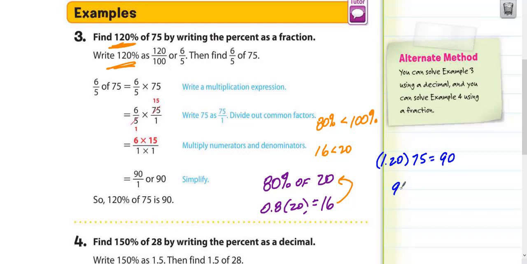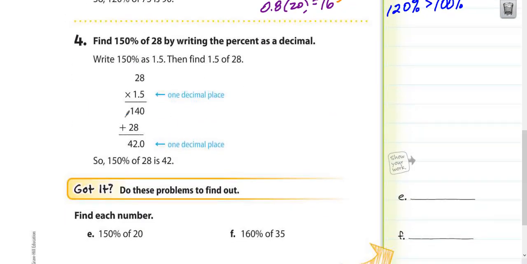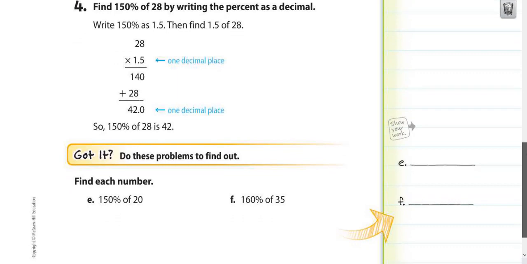And that final answer, 90, is greater than the 75 where we started, because the percent we were doing, 120%, is greater than 100%. So you'll get an answer that's bigger than your original, and you'll go, wait a minute, but that's because it's more than 100%. All right, example 4, you can look through that one. It's doing the same thing, changing it to a decimal as opposed to using a fraction.